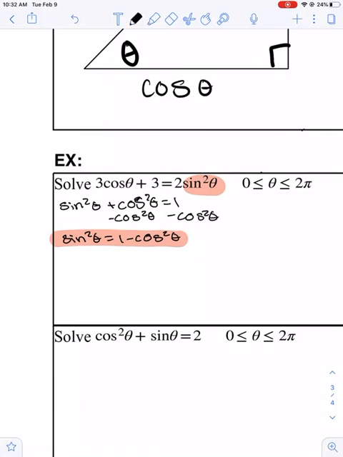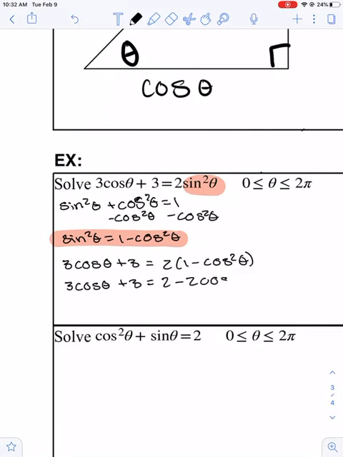So I can plug this in for that sine squared theta in the problem. So I get 3 cosine theta plus 3 equals 2 times 1 minus cosine squared theta. And if I distribute, I get 3 cosine theta plus 3 equals 2 minus 2 cosine squared theta. I'm going to put this all on one side and set it equal to 0.